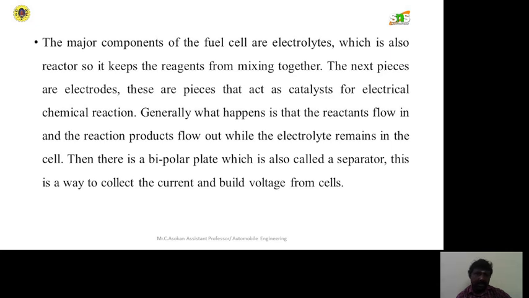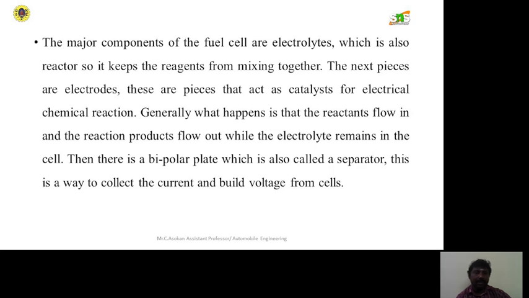The major component of the fuel cell is the electrolyte, which is also a reactor, keeping the reactants from mixing together. The next piece is the electrode, which acts as the catalyst for the electrochemical reaction.